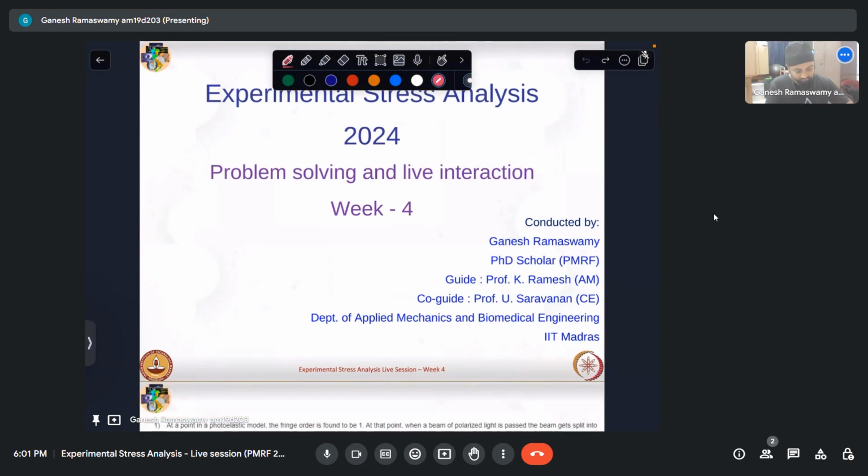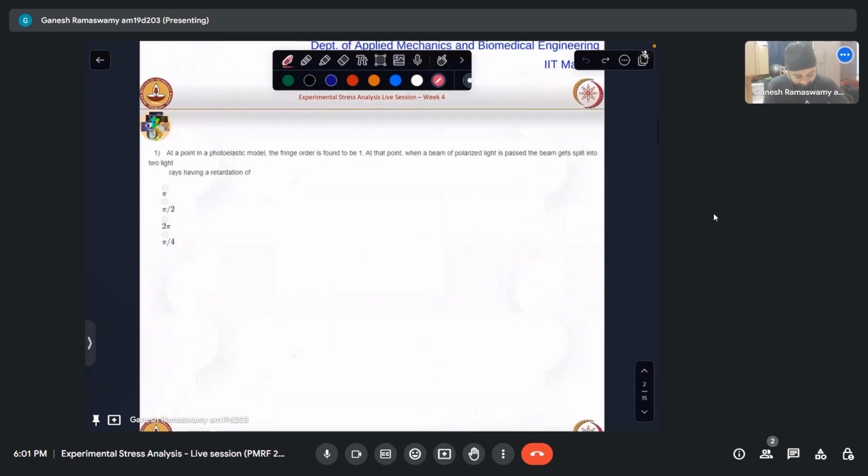So let us take a look at the first question. It says, at a point in a photoelastic model, the fringe order is found to be 1. So fringe order in photoelasticity is denoted by the letter N. So the question qualifies that the fringe order is found to be 1.